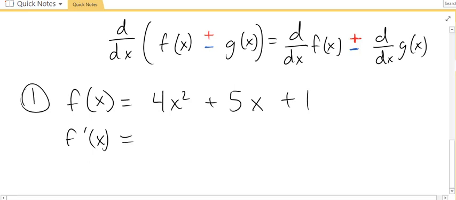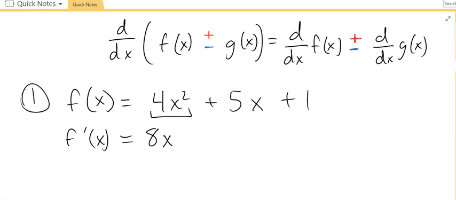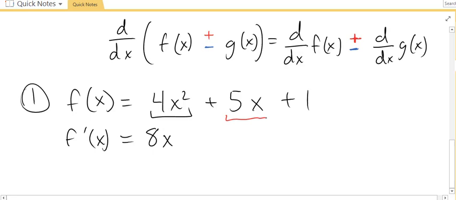First I would take the derivative of 4x squared. The 2 is going to come down in front, and I'm going to have 2 times 4 is 8, and then x to the 2 minus 1, so that'll just be 8x. Then in the next part, I want to take the derivative of 5x.